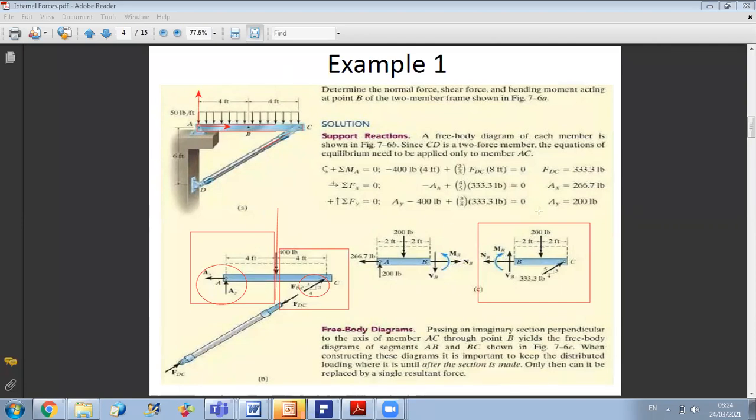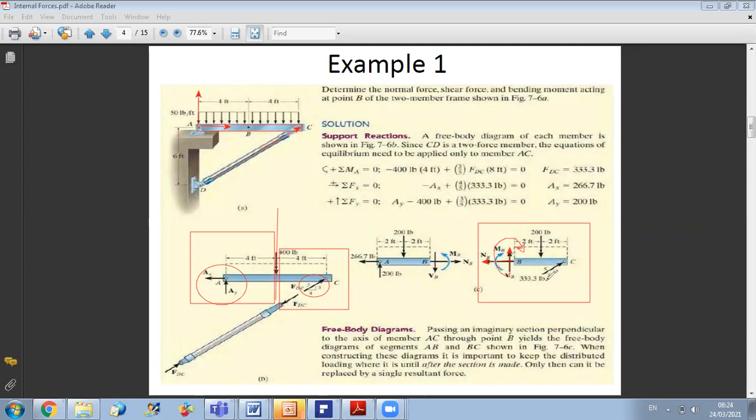So here, if I select to work on the right part, then at B, because it's a 2D problem, I will have the normal force, which is positive if it tends to cause tension. I have the shear force, which is positive if it tends to rotate clockwise about the end of my beam. And I have the couple moment, which is considered positive if it's compressing the upper part of the beam. So these are my three unknowns.